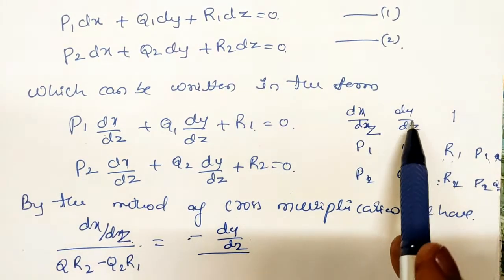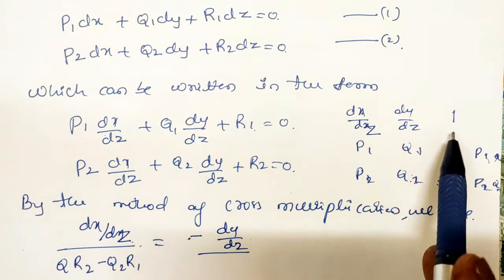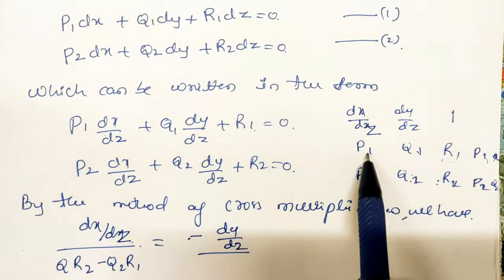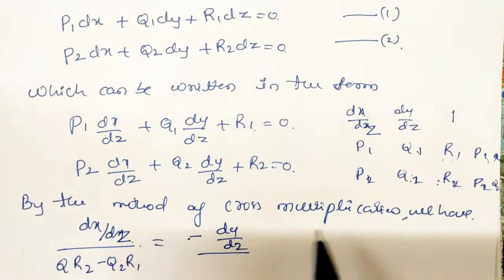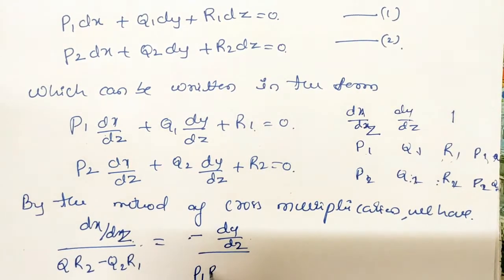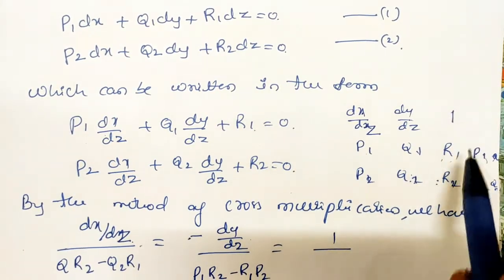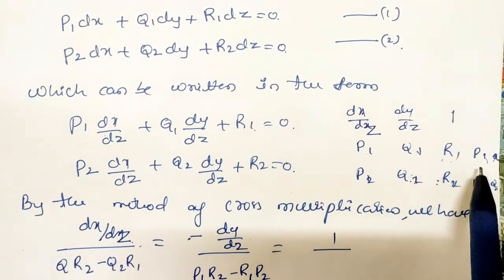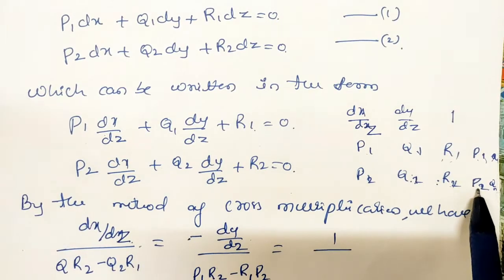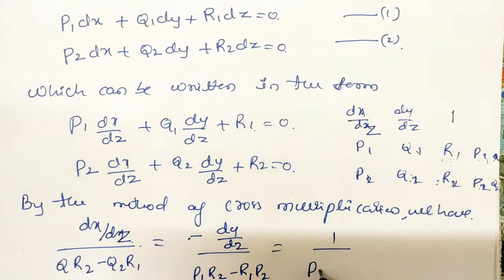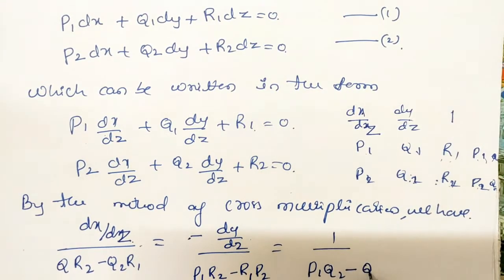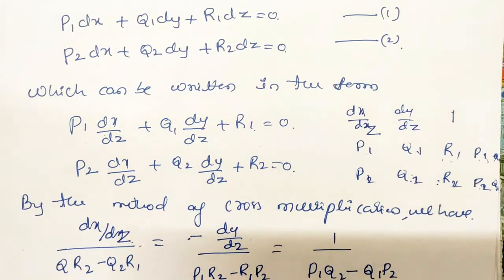Again, leave this column and row, then cross multiplication gives p1 r2 minus r1 p2. Then it is equal to 1 divided by, leaving this column and row, p1 q2 minus p2 q1, or q1 p2, both are the same.